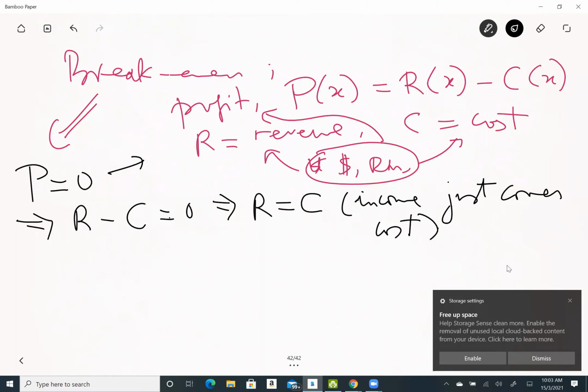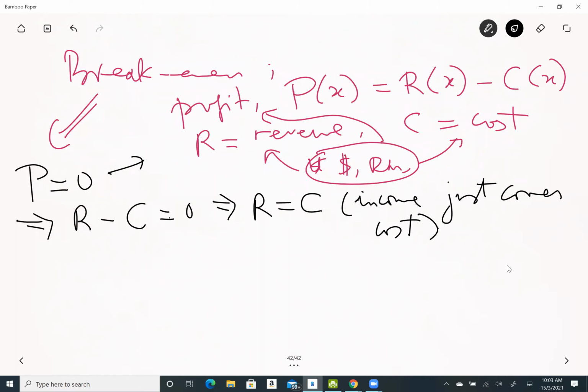Now, what is the revenue? What is the cost? That is the thing that we need to do, because profit is defined as revenue minus the cost. So if your revenue minus cost equals 0, we call it break-even. If your revenue minus cost is bigger than 0, that means what you earn, your income, is larger than the cost.